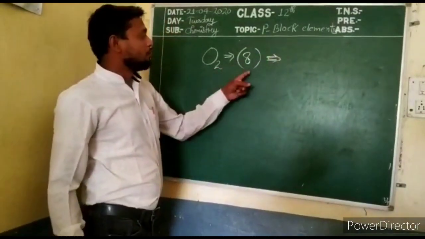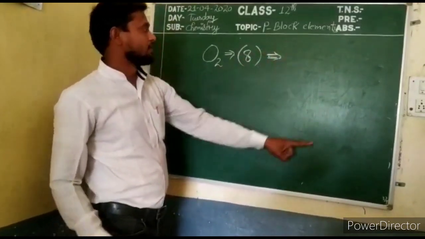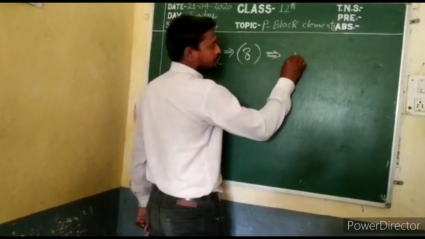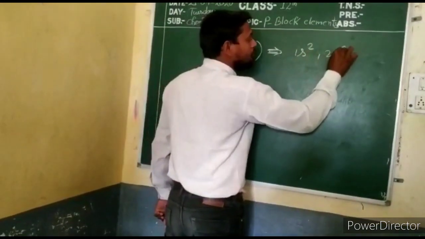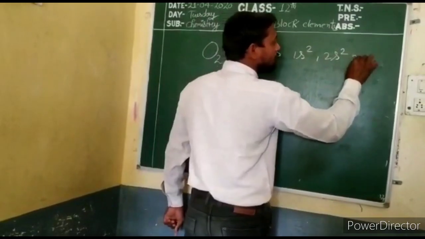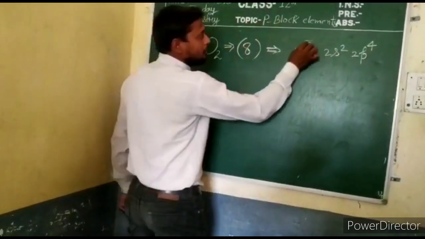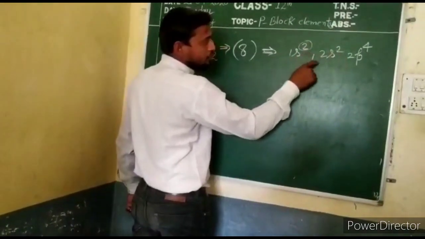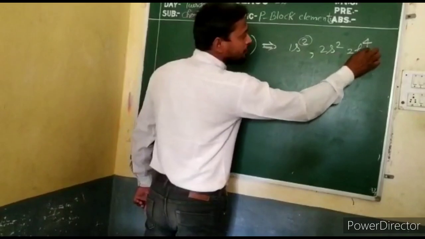Now we distribute these 8 electrons according to the electronic configuration like this: 1s2, 2s2 and 2p4.